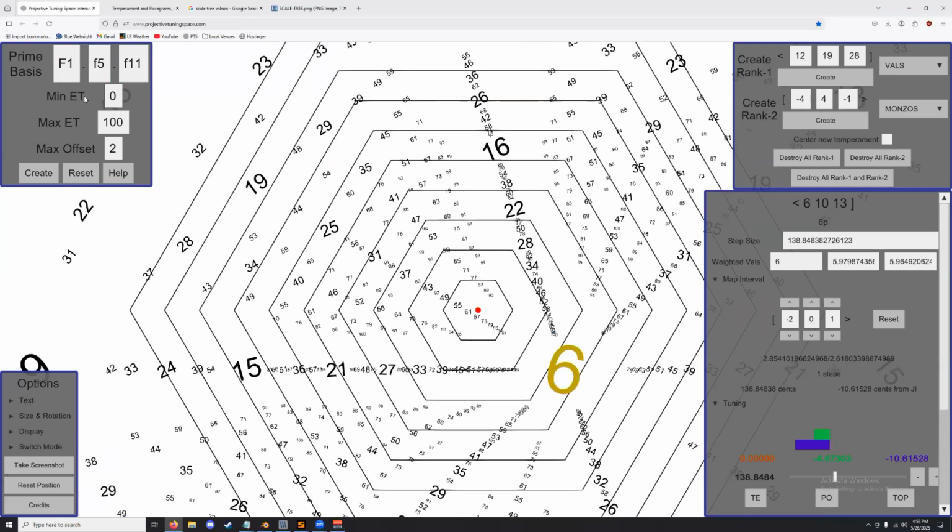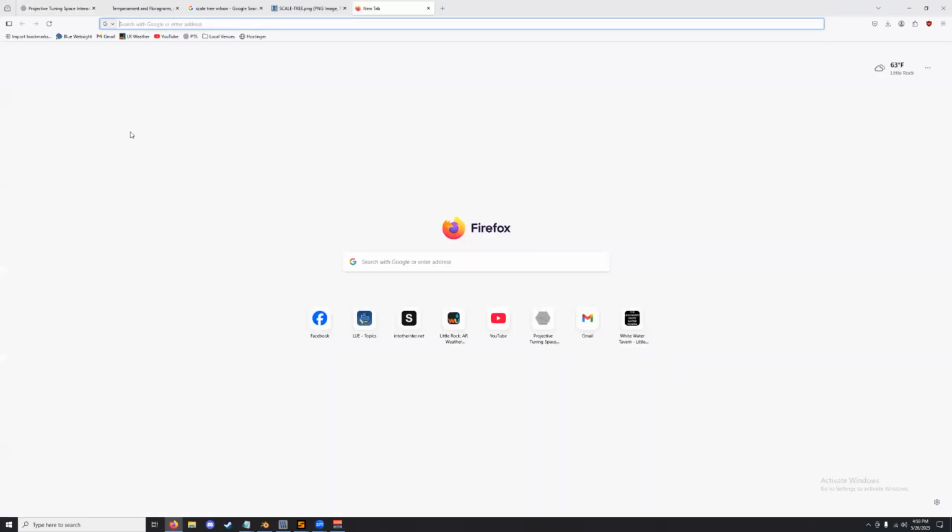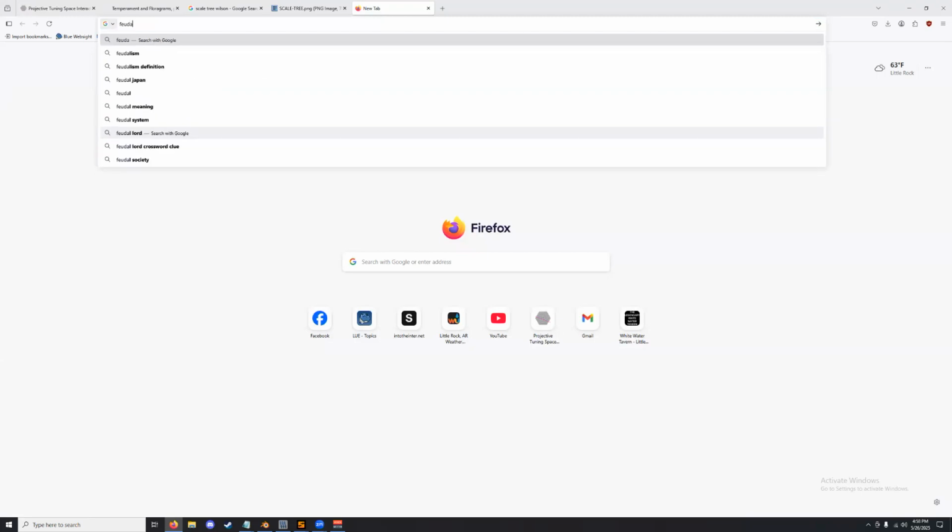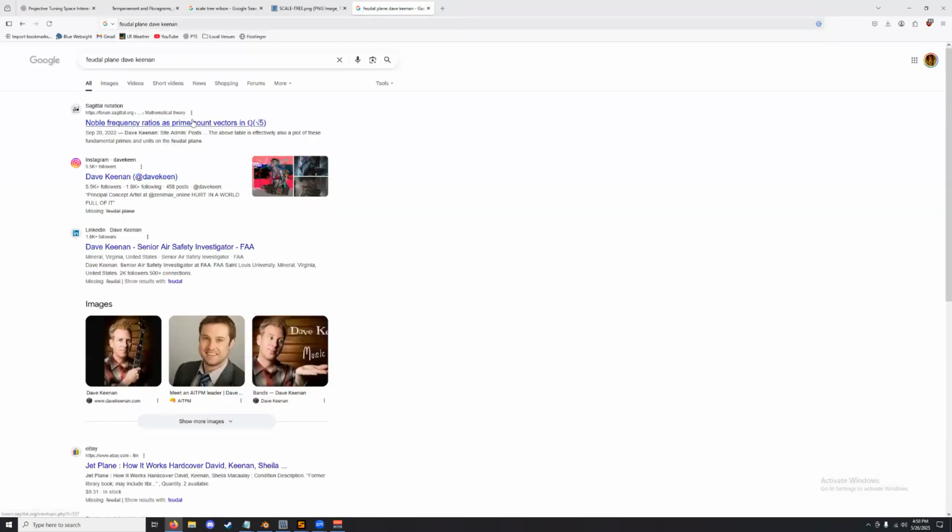Did you see that thing that Dave Keenan put together with that really complex looking diagram with a bunch of blue dots and a few red dots and some empty spaces? I did not see that. Please enlighten me. It's basically you can take prime factors, prime ratios.